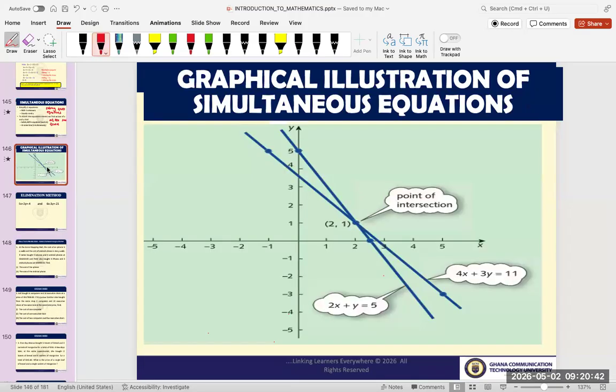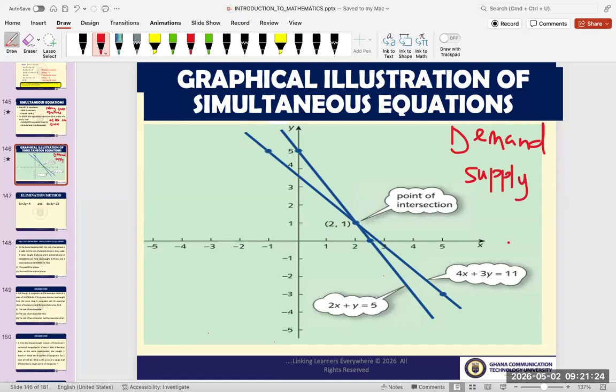So you see that in life, there are scenarios whereby you'll be forced to solve two equations at the same time. If you look at the economics that you may be taught, maybe they have not started with you, but they will teach you economics, and then they will try and explain to you something called the demand curve, and then the supply curve.